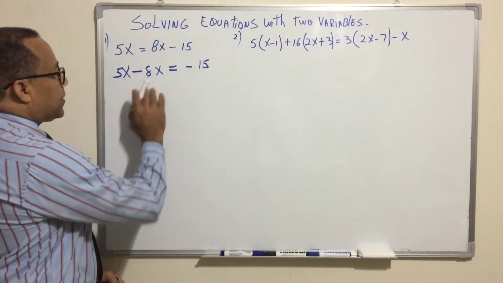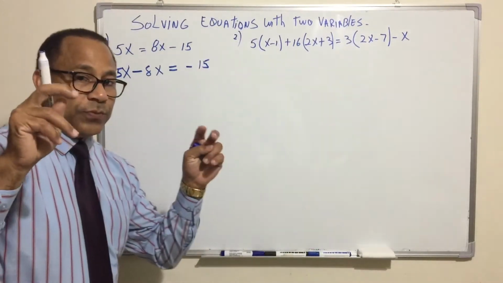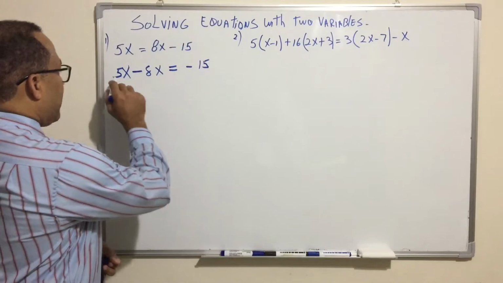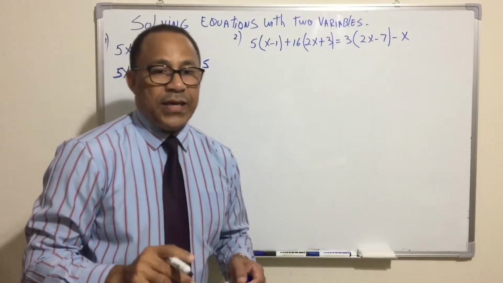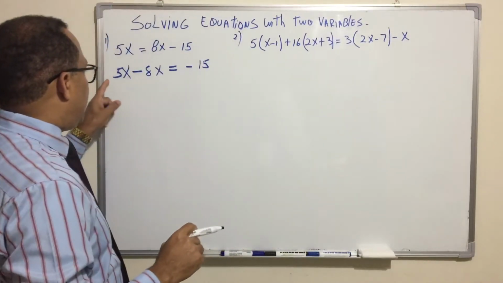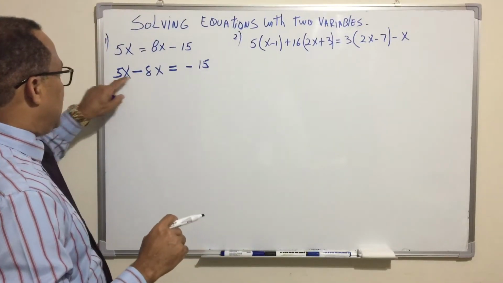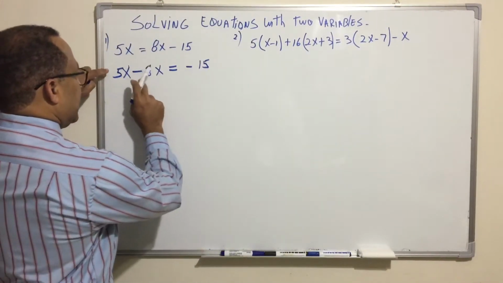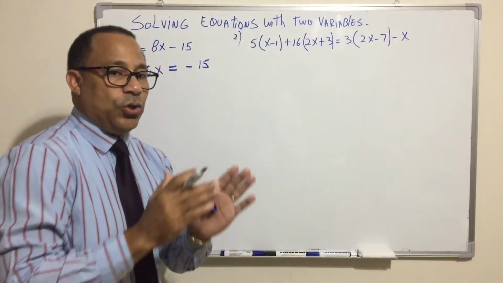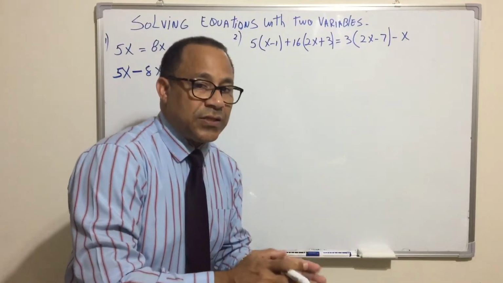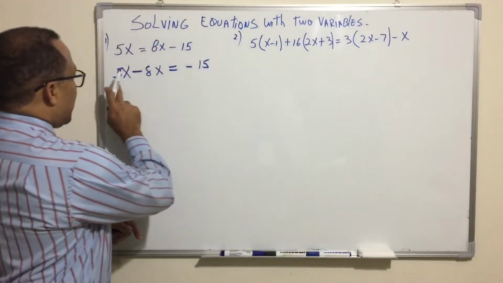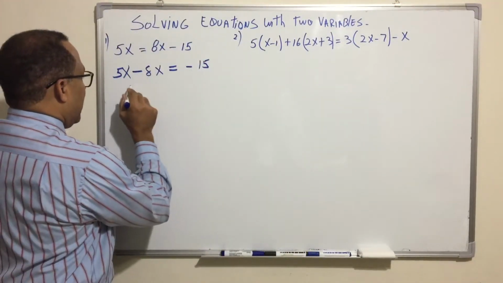And then I'm just adding or subtracting the terms. 5x minus 8x. The rule says if you have numbers with different signs, what you do is you subtract the numbers and you put the sign of the greatest of them. 5x minus 8x will be 3.